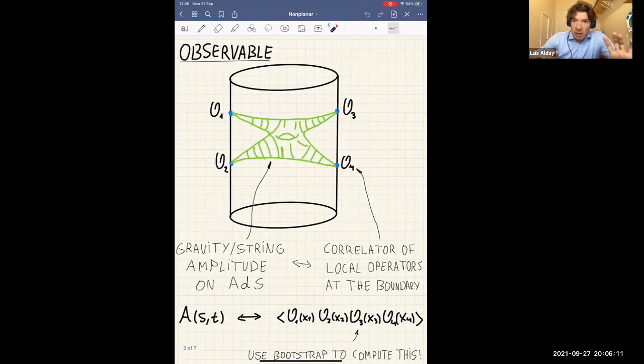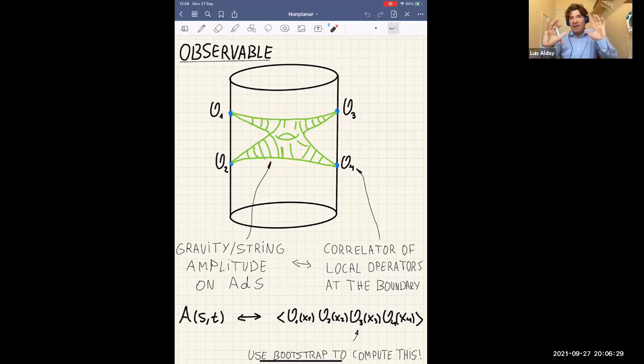So the basic observable that one wants to study is a gravity, or more precisely a string theory amplitude on an anti-de Sitter spacetime, represented by this closed string worksheet.